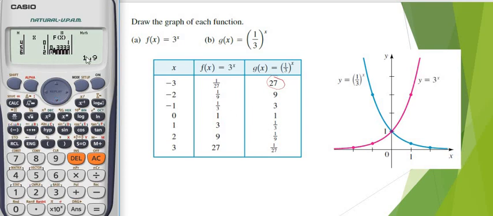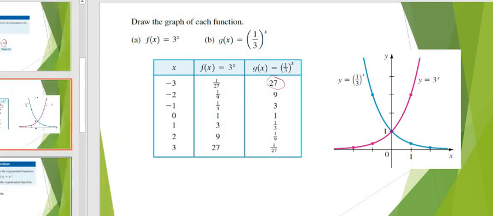When x is equal to 2, our g of x is equal to 1/9. And last but not the least, when x equals 3, our value is 1/27. So we have plotted now our corresponding function when g of x equals 1/3 to the power of x. Okay, next.